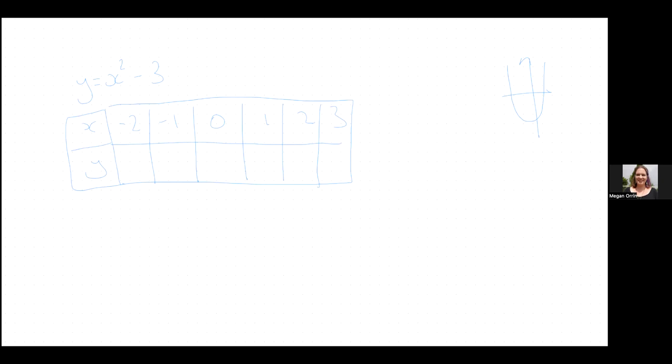All right, so we're going to substitute these values of x into this equation and put in the corresponding y value. So what is -2 squared? 4. What's 4 minus 3? 1. So what's -1 squared? 1 minus 3? -2. 0 squared?